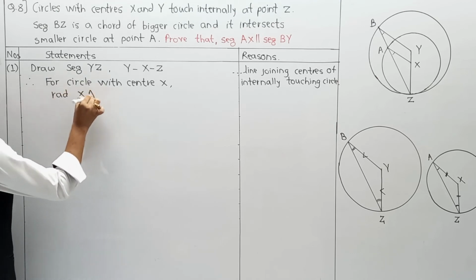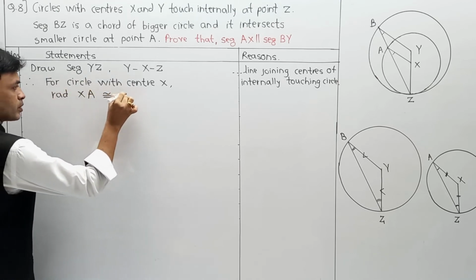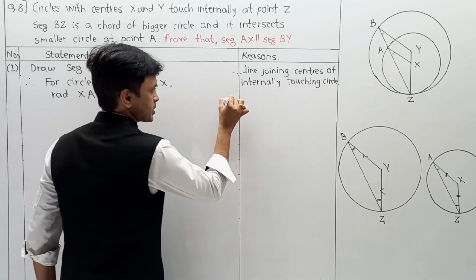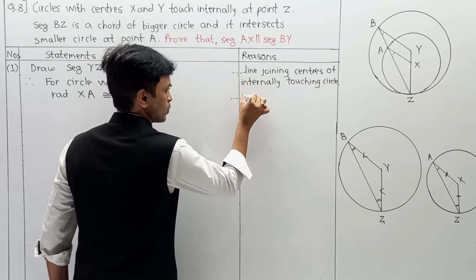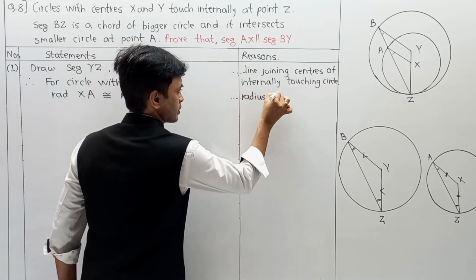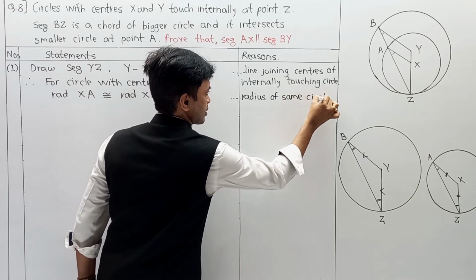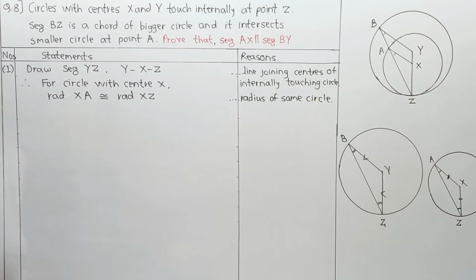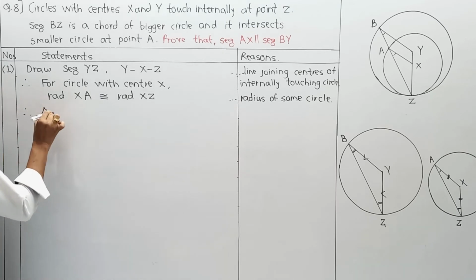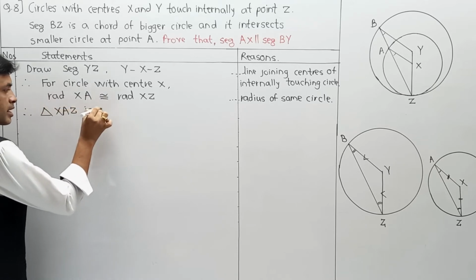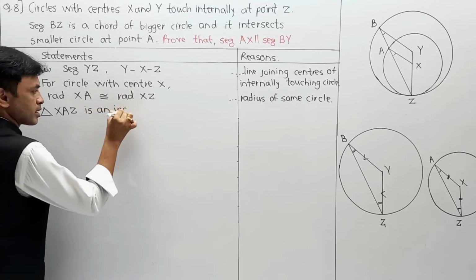Radius XA is congruent to radius XZ. Reason, radius of same circle. Therefore triangle XAZ is an isosceles triangle.